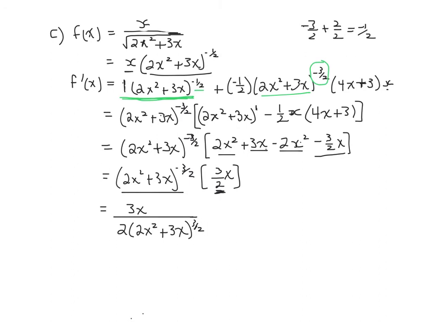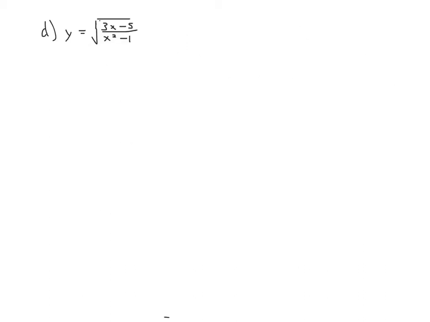All right, let's try another one here. Our last example is y equals the square root of (3x take away 5) all over (x squared minus 1), and that whole thing is being square rooted. So before we take the derivative, I'm going to rewrite that to make it a little bit easier to work with, so that I can use that chain rule.